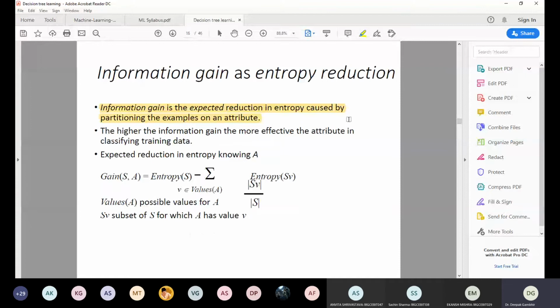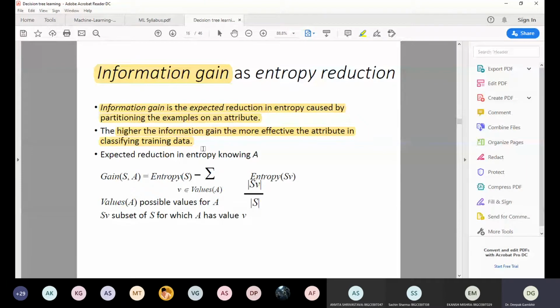That is the same thing we are going to do in the case of the decision tree when we compute the information gain: how much information is gained by dividing into two partitions. The higher the information gain, the more effective the attribute in classifying training data. We are trying to make a decision tree that classifies the training data as per the examples.